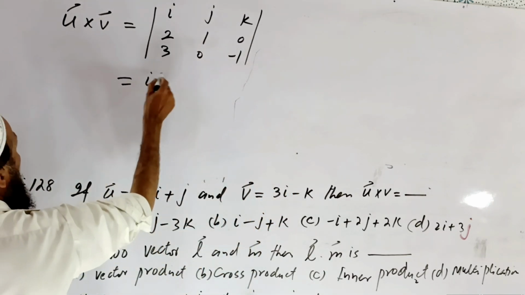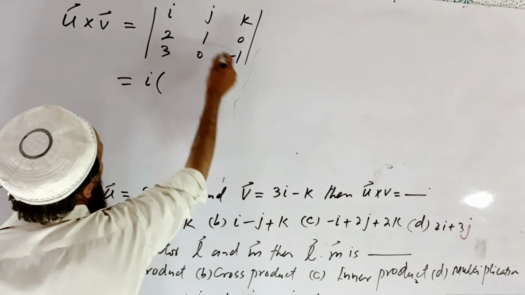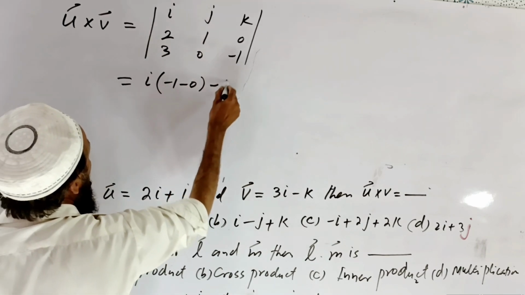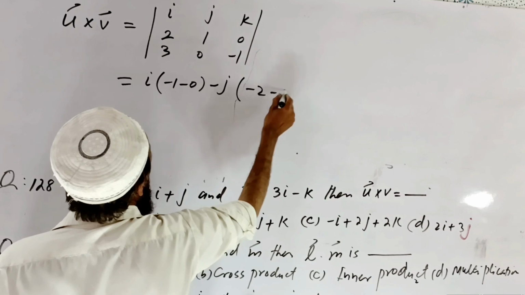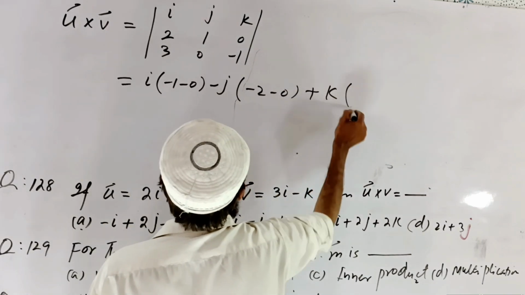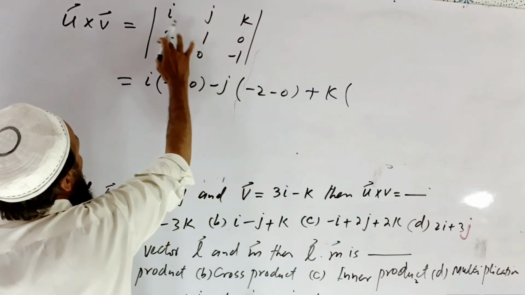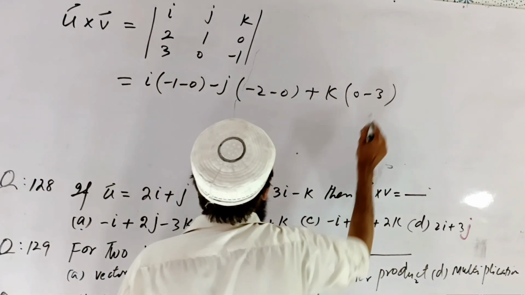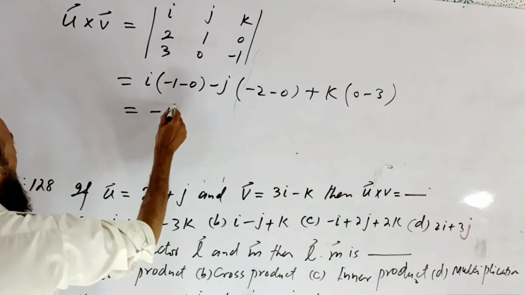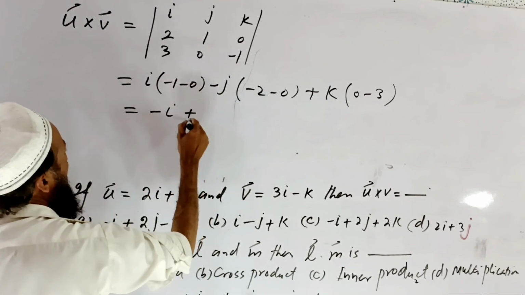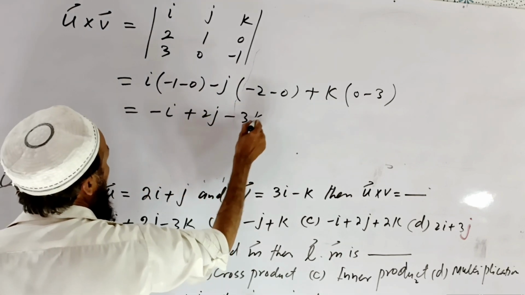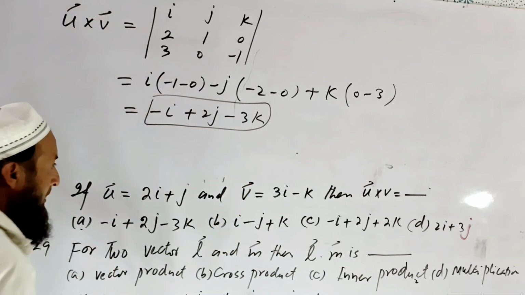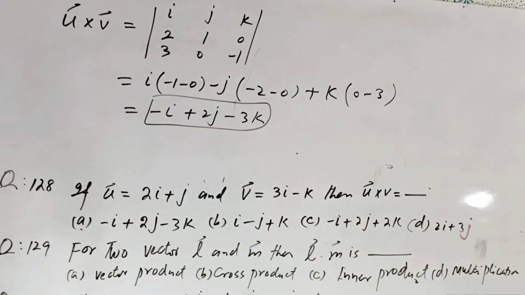Expanding by the first row, the result is minus i, then minus j times minus 2 minus 0, plus k times 0 minus 3. So we get minus i plus 2j minus 3k. Checking the options, option A is the correct answer here.